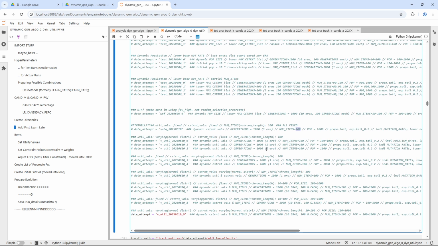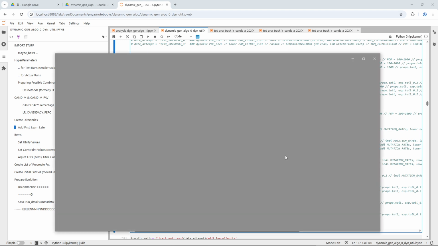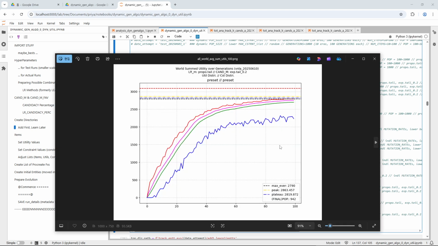So when I do this, this is what the sum utility plot looks like. So this is until the very first 100 generations.